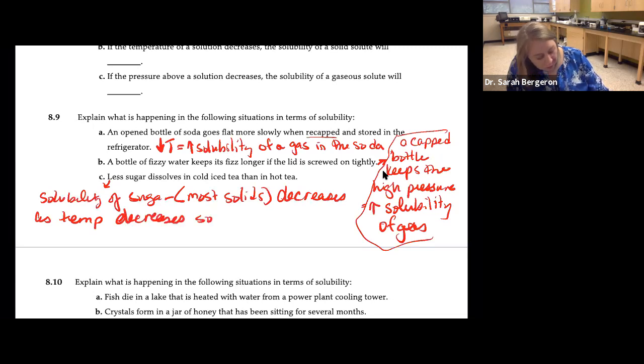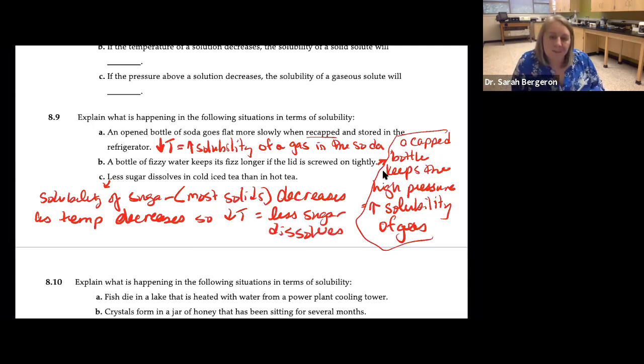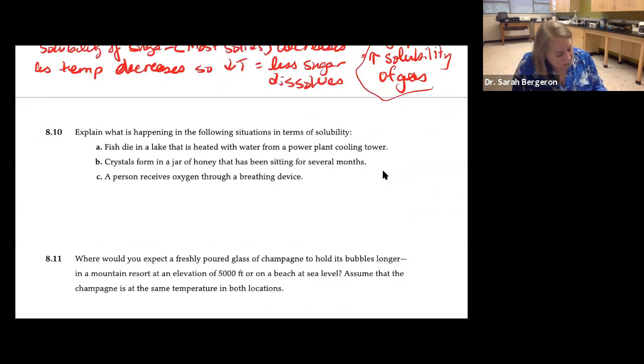So lower temperature means less sugar dissolves.